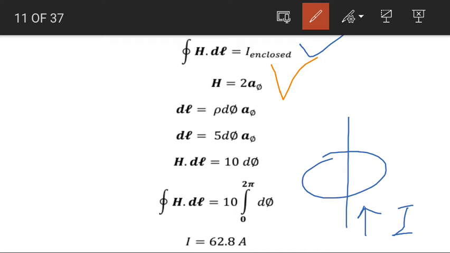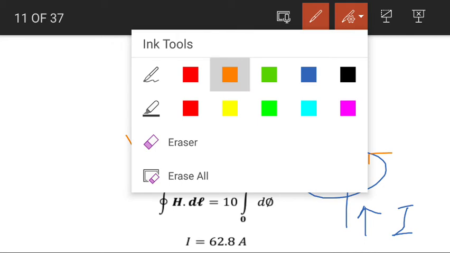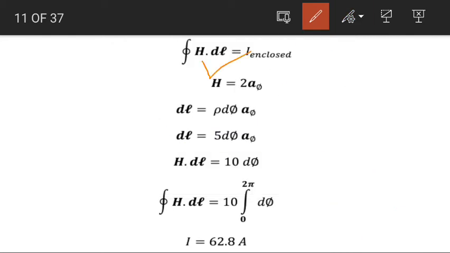We consider the differential length vector along the circumference of the closed circular path. So the differential length vector will be equal to rho d phi a phi, and as rho is 5, the differential length vector will be equal to 5 d phi a phi, and then we calculate the scalar product of the magnetic field intensity and the differential length vector.